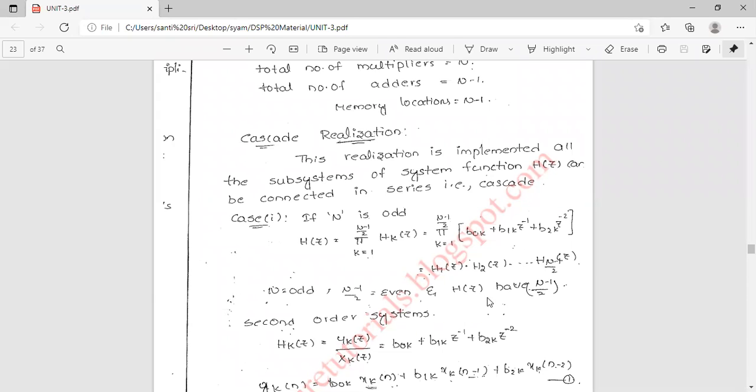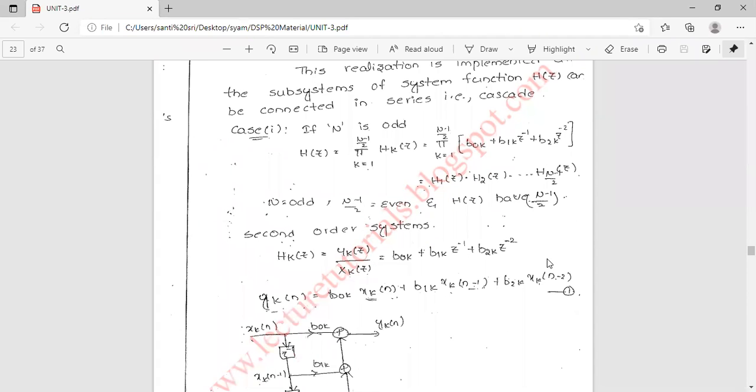So if n is odd, then n minus 1 by 2 is nothing but an even number, and h of z has n minus 1 by 2 second order systems. So hk of z is equal to yk of z by xk of z, which is equal to b naught k plus b1 k into z power minus 1 plus b2 k into z power minus 2.